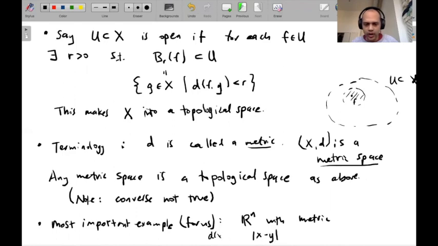The distance between x and y is defined by this formula: you take the sum of the squares of the distances between the coordinates, and then you take the square root of that.